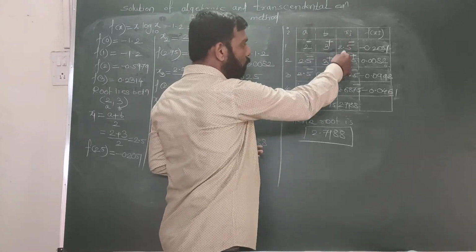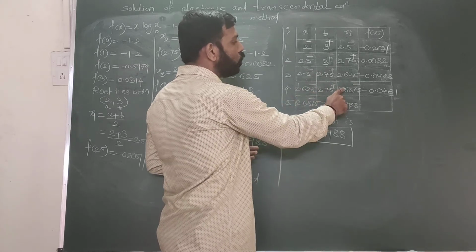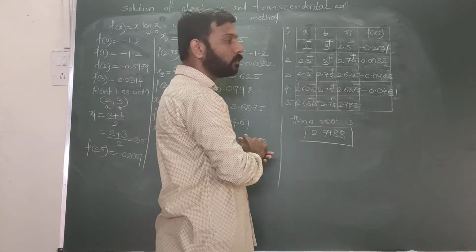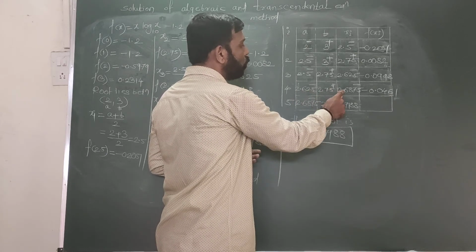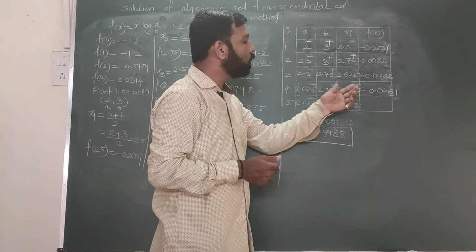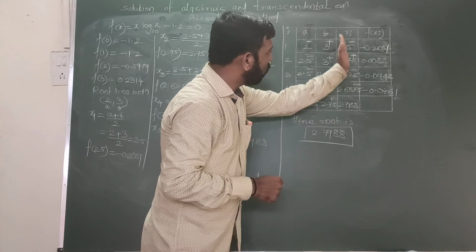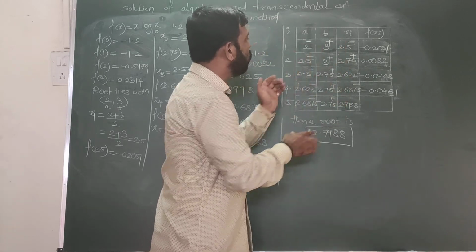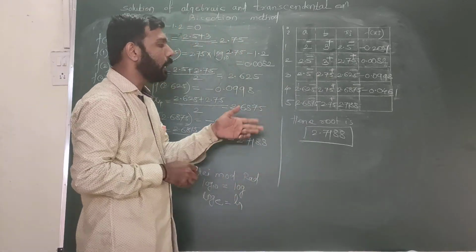So each time the value in this column belongs to the corresponding interval. It should not be out of this interval. Suppose we got 3.6, that is out of this interval, so we cannot conclude that it is the correct answer. So each time the value in the column must belong to the corresponding interval. We can tally like this.